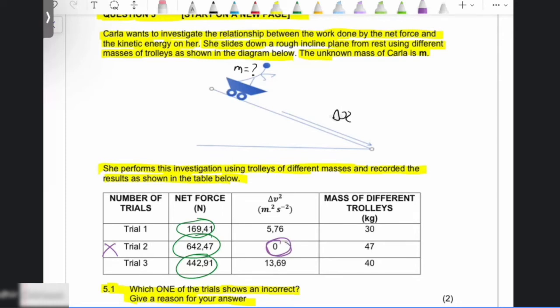What they're saying in that second trial is that this velocity final should be equal to this velocity initial, which means it should have been constant velocity, which, as we know, is definitely not true, because we actually have a net force. Okay, done. So we know that trial 2 is wrong, because delta v squared should not be 0.